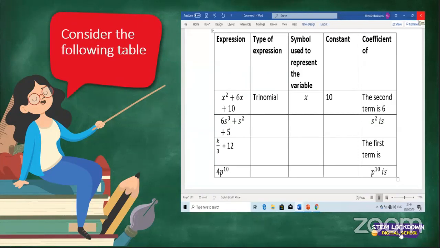I don't agree with you when you say there's no coefficient. There is actually a coefficient. It's 1, sir. Definitely. The coefficient is 1 because we usually don't write the 1. We know it's there next to the variable. So yes, the coefficient there will be 1.